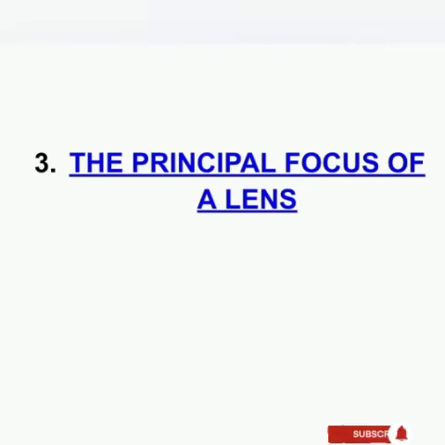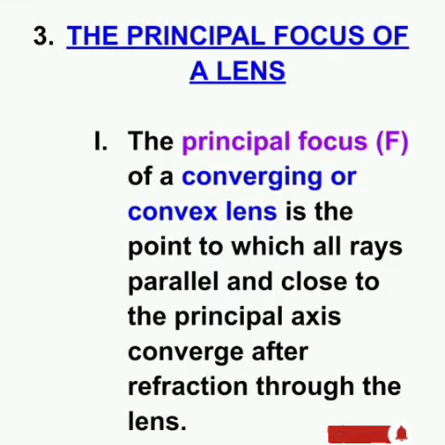3. The principal focus of a lens is divided into two parts: that of a convex lens and that of a diverging or concave lens. Let us take a look at the principal focus F of a converging or convex lens.